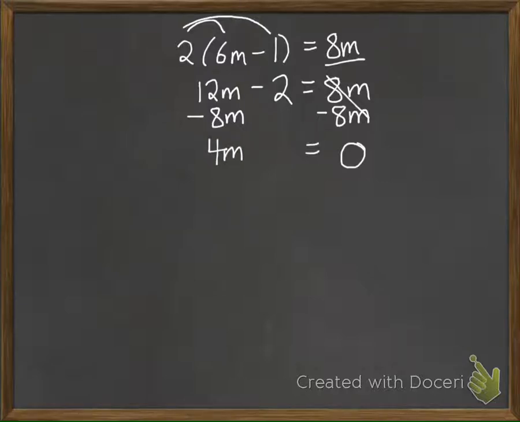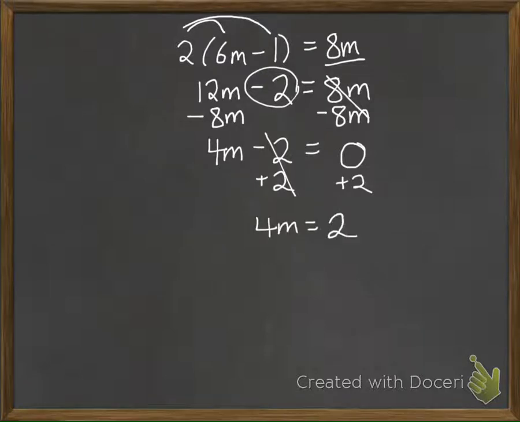I still have the minus 2. And now I'm left with a two-step equation. From here to solve, I'm going to add 2 to both sides. That cancels, so I get 4m equals 0 plus 2 is 2. And then I'm going to do division by 4.